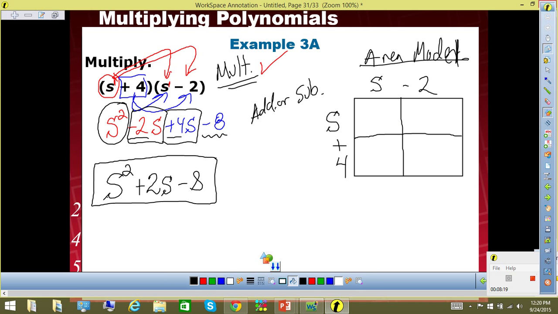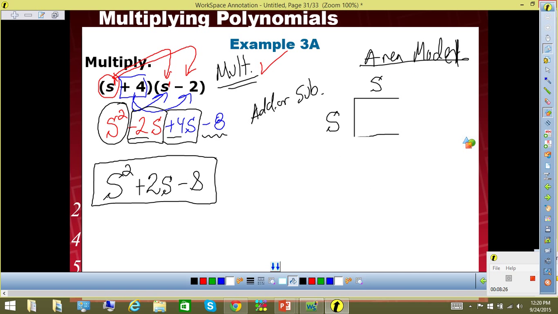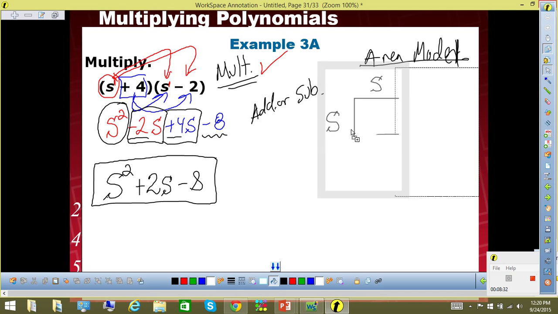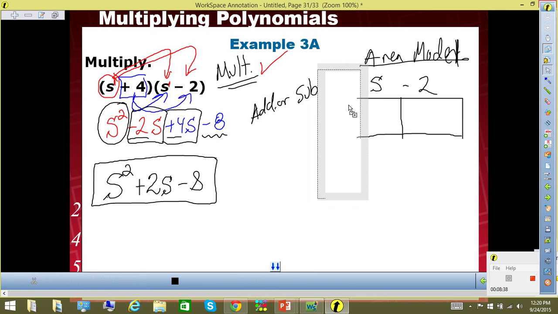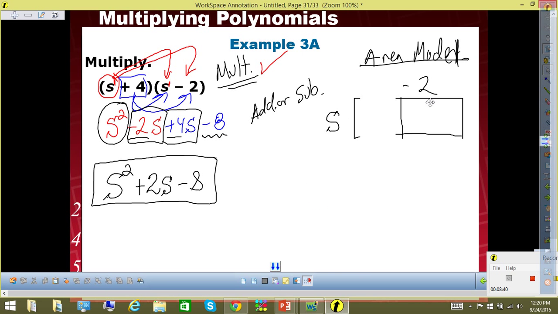Look up. Let me show you. If I was to cover this and this, do you see that little area right here for the S times S? Yes? Same thing if I was to move this one over this way. S times negative 2 is this area.